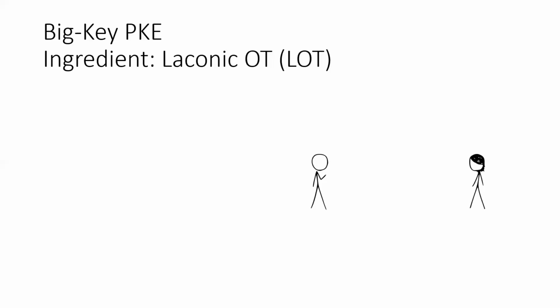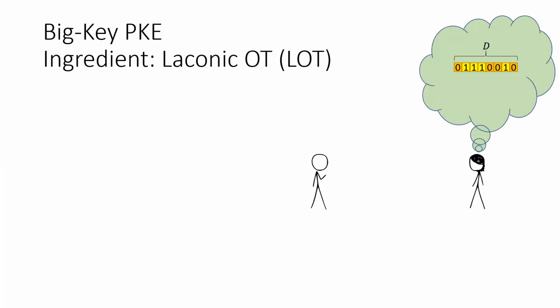So we need to design a new public key encryption scheme in this setting. And we do this using something called laconic OT. Maybe I'll just go pretty quickly through this. It's a pretty heavy hammer. Here's what laconic OT is. It allows some receiver Alice to take a long string, some big database, and hash it down to a small digest, and she'll send the digest over to some sender Bob.